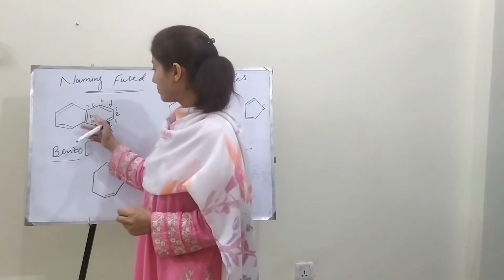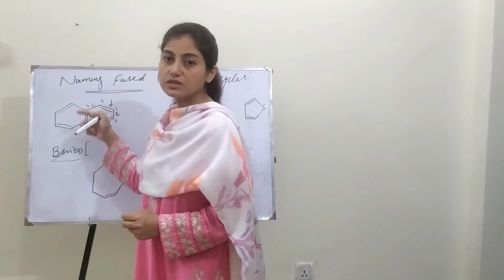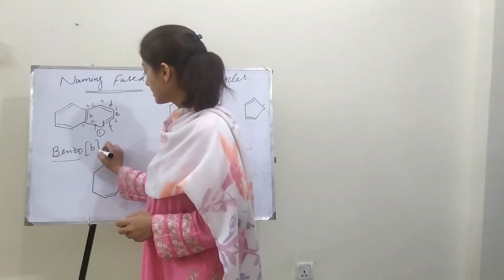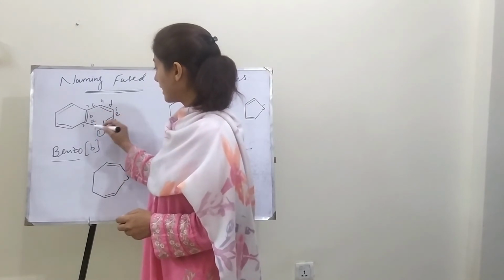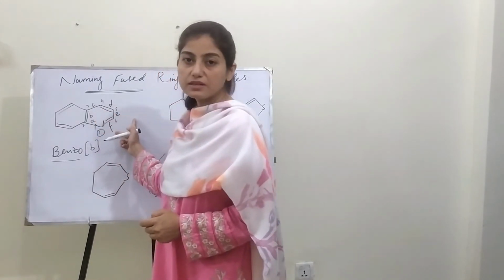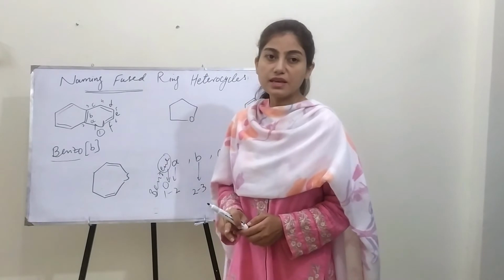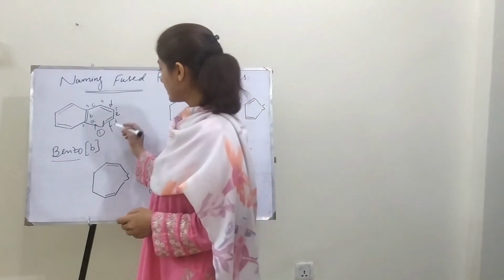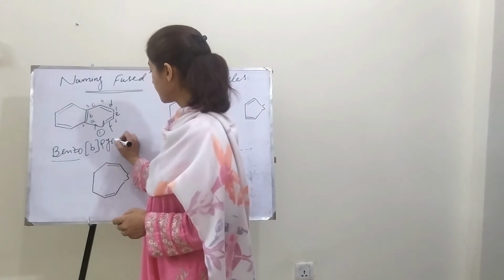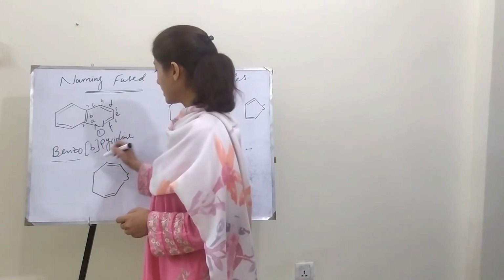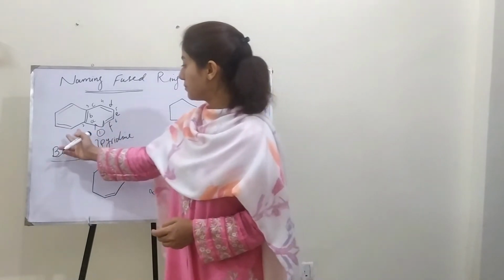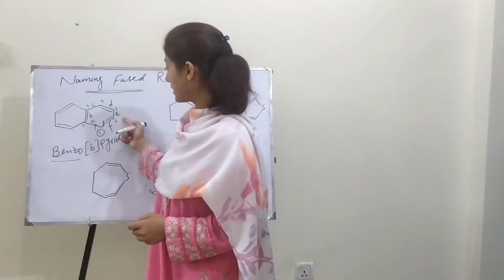Then the position of the fused side would be mentioned, that is here B, and then the heterocycle would be given the name as ending. So here its name is pyridine, and in this way the complete name for this compound would become benzo[b]pyridine.